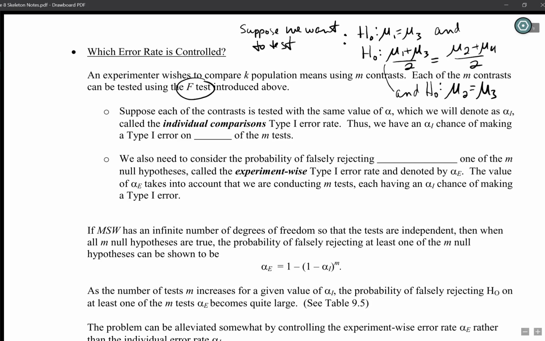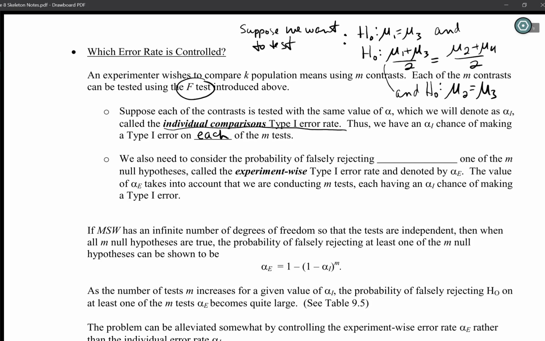We're going to denote that as alpha I, the individual comparison type 1 error rate. That's an important idea for us. Thus, we have an alpha I chance of making a type 1 error on each of the M tests.